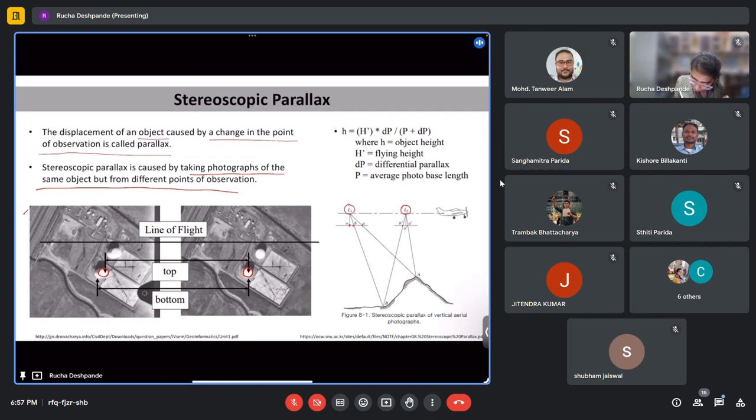And then we see that in the image on the right, the bottom part of the structure is not visible, but then here on the left we see that the position of the bottom part of the structure is there. So this difference of the distance between this top and bottom would be called the differential parallax.